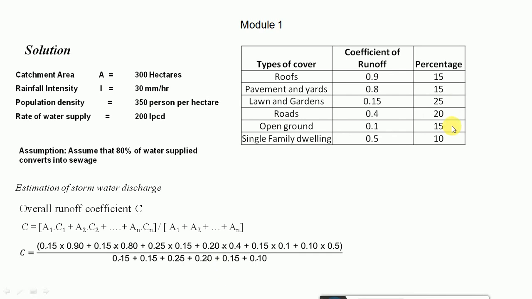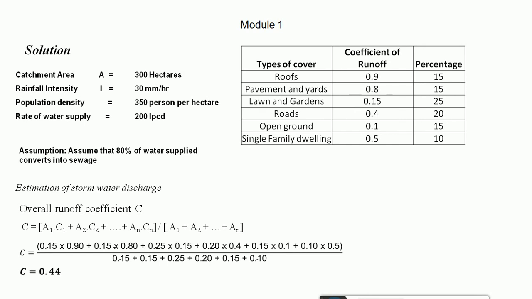So this is the average coefficient of runoff considering the different types of drainage areas, and we get C = 0.44.